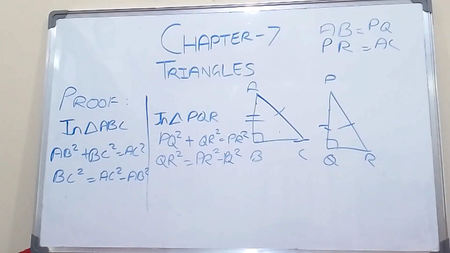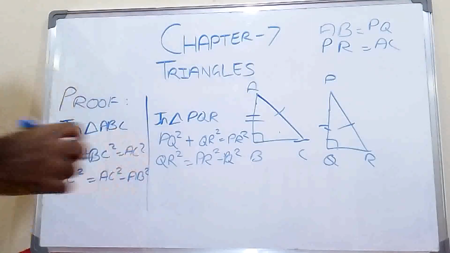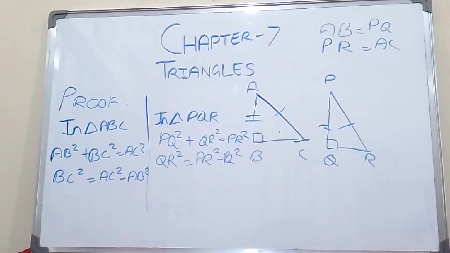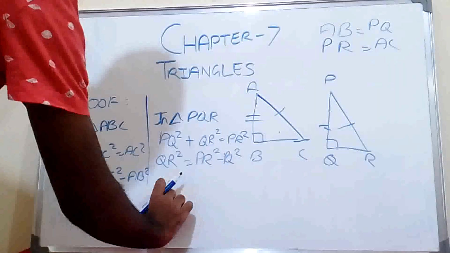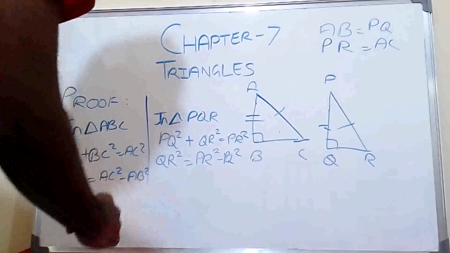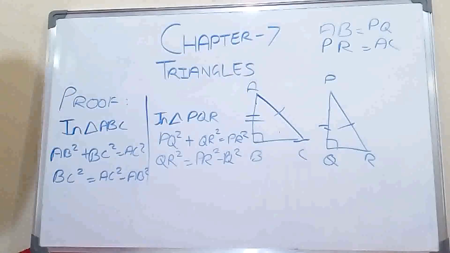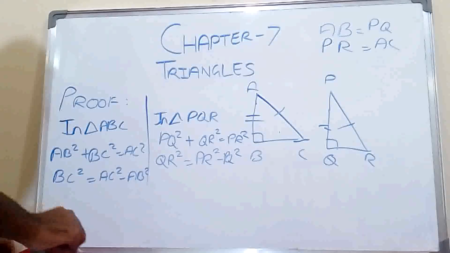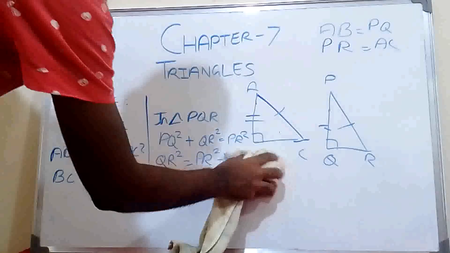So we can see here that we have got the values of each of them. Now let's see the other part. So we know that AC is equal to PR. Okay, I'll just erase this so that you can understand better.